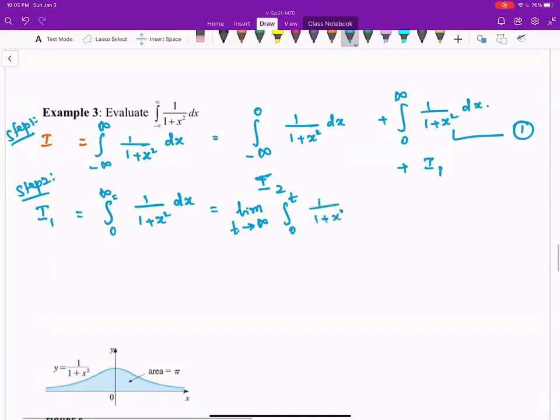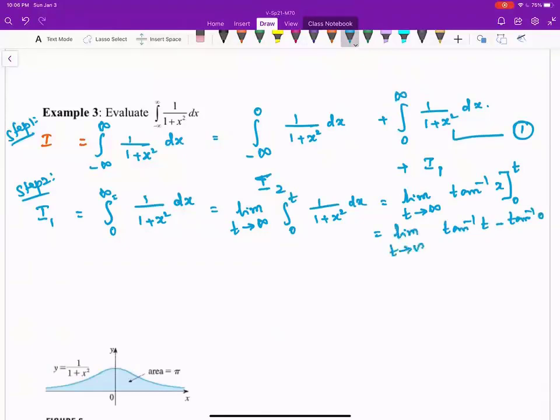So we have the limit as t approaches infinity of the integral of 1 over 1 plus x squared dx, which is inverse tan x between the limits 0 and t. So the limit as t approaches infinity of tan inverse of t minus inverse tan 0.